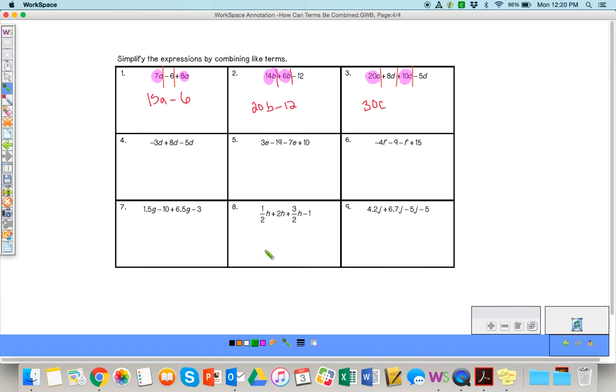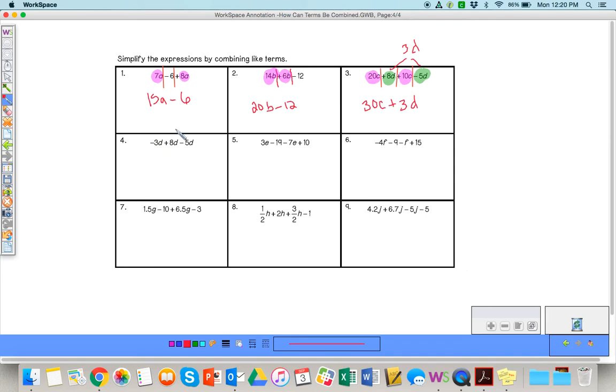Then I have two more like terms. I have 8d and -5d. So we're doing 8 minus 5. 8 minus 5 is 3. It's a positive 3, so I'm going to write plus 3d, okay, because those combine to make positive 3d. So because it's a positive, I used a plus sign to put them together.